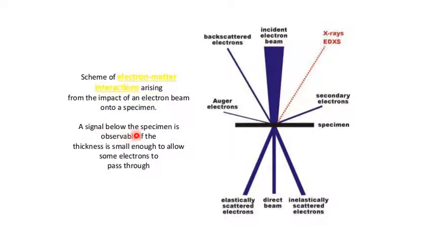A signal below the specimen is observable if the thickness is small enough to allow some electrons to pass through. The specimen will be observable in the electron microscope if some of the electrons pass without being absorbed. The specimen should be very thin, so some of the electrons will pass through this material. An image of this material will then be formed in the electron microscope.